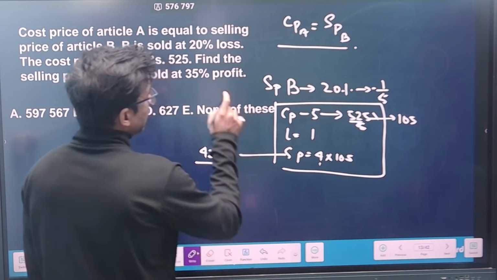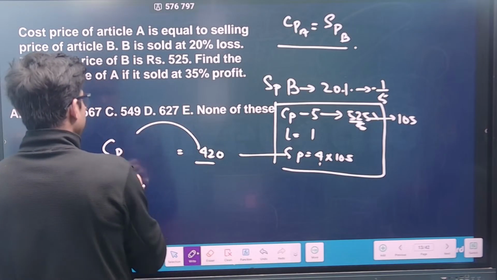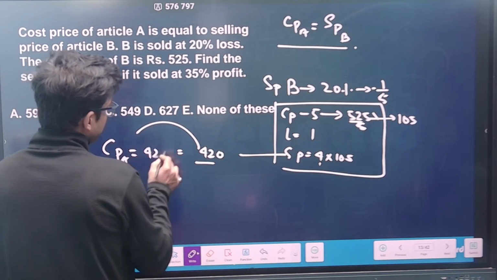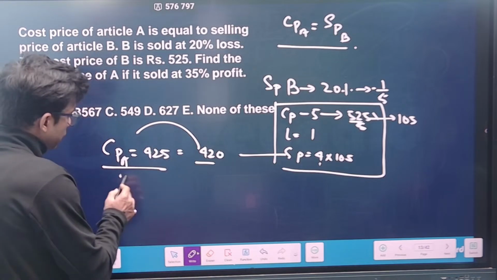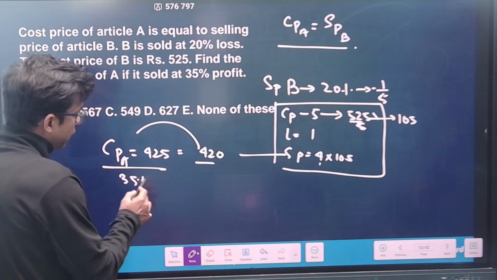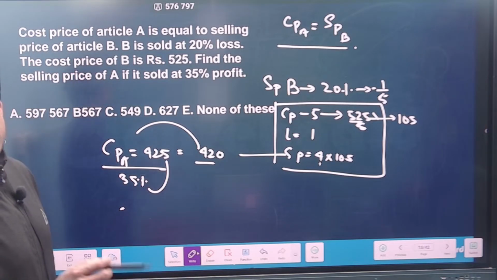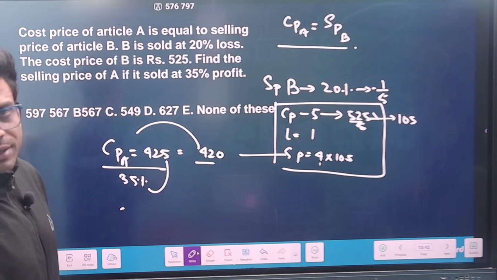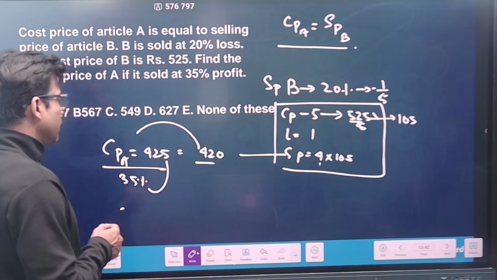So the selling price of article B is equal to the cost price of article A, which is 420. Now they are selling this article at 35% profit. So just figure out that 35% profit of 420. How can we go about it?